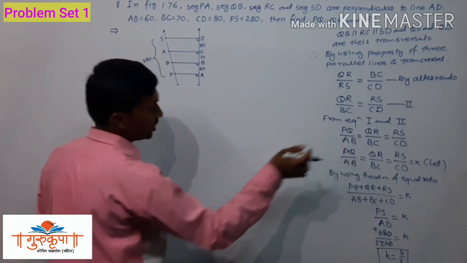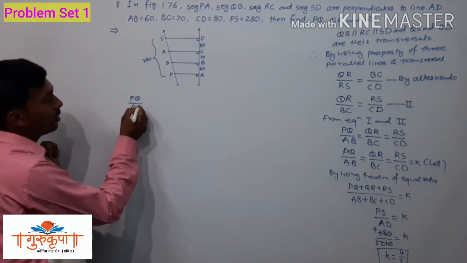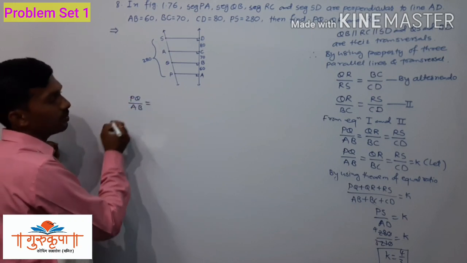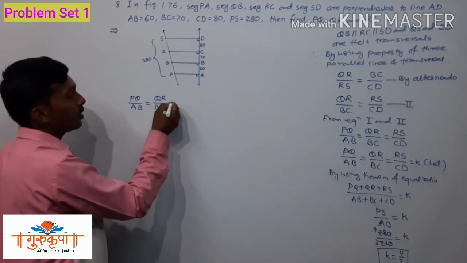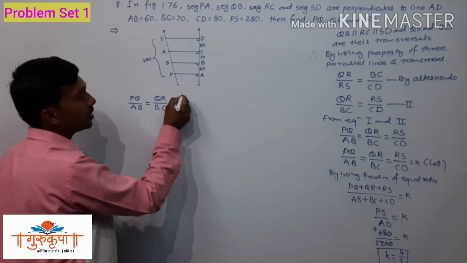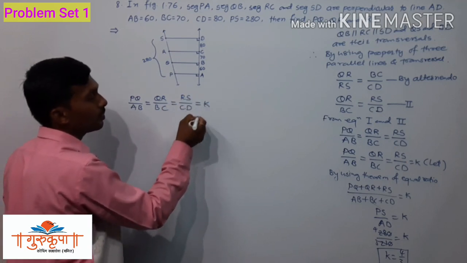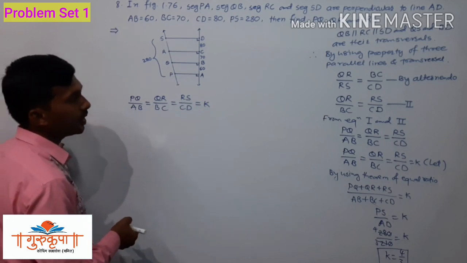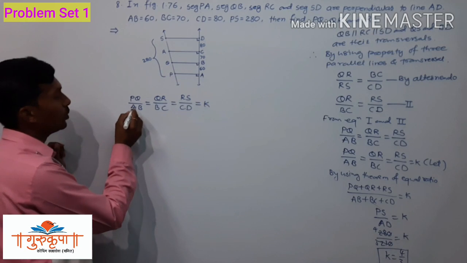PQ upon AB is equal to QR upon BC is equal to RS upon CD is equal to K. Now put the value of K. The value of K is 4 upon 3.